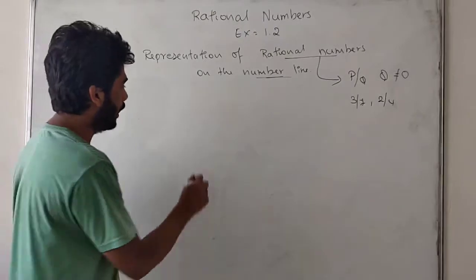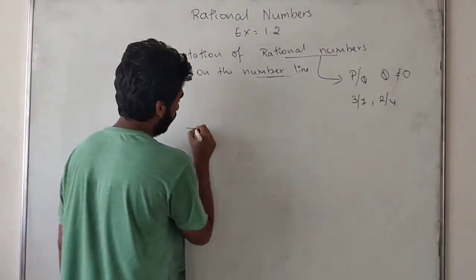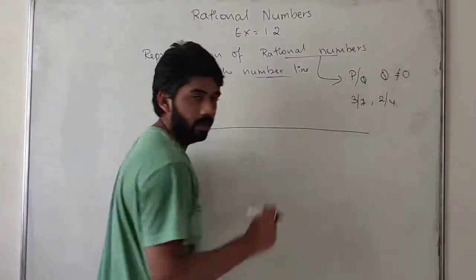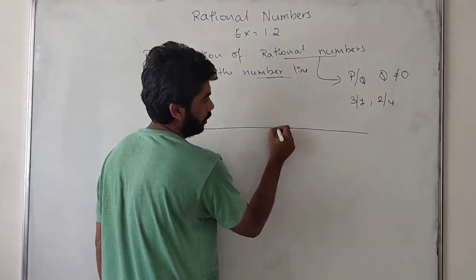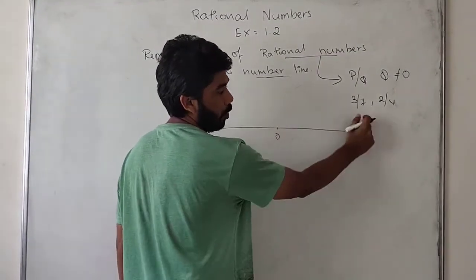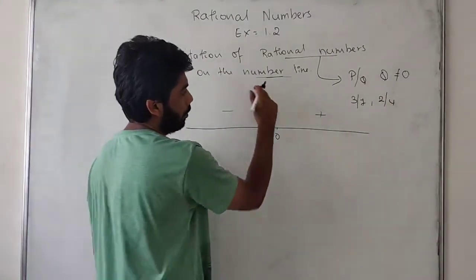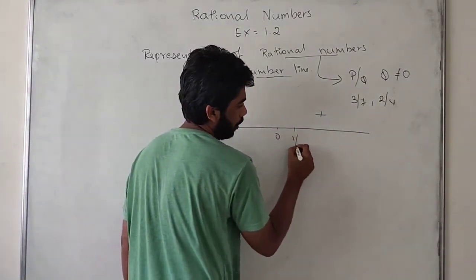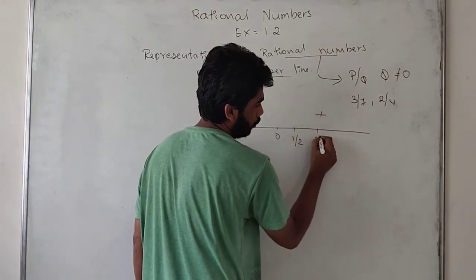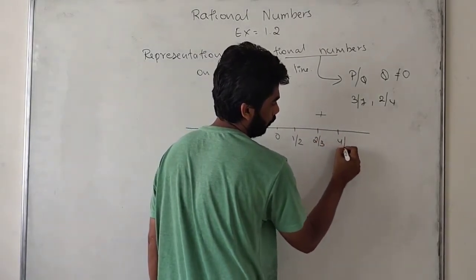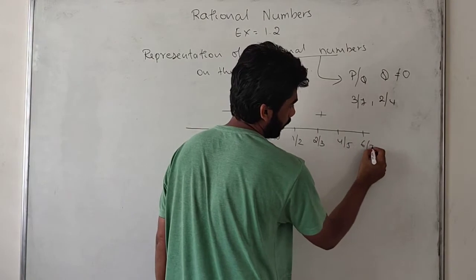What is a number line? A number line is nothing but a linear line. On it, the point will be 0, this side all will be positive, this side all will be negative. So on the number line we represent 1 by 2, 2 by 3, 4 by 5, 6 by 7.